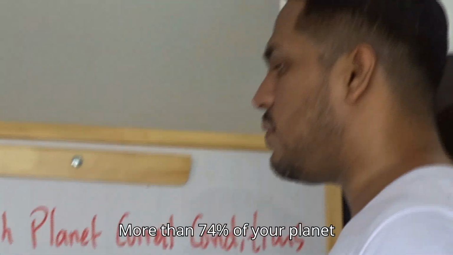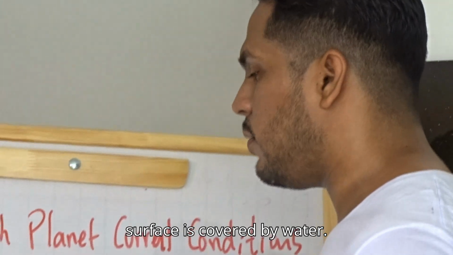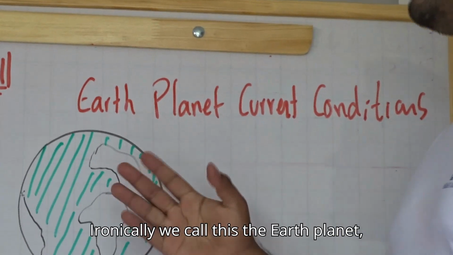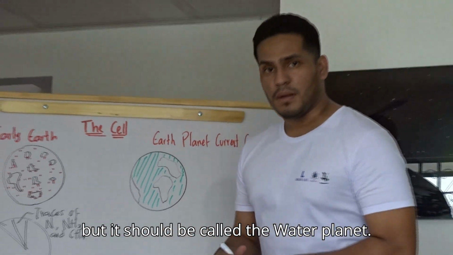In the current conditions, your planet is mostly covered by water. More than 74% of the planet's surface is covered with water. Ironically, we call this planet Earth, but it should be called the water planet.